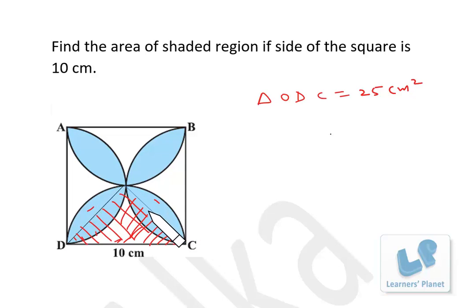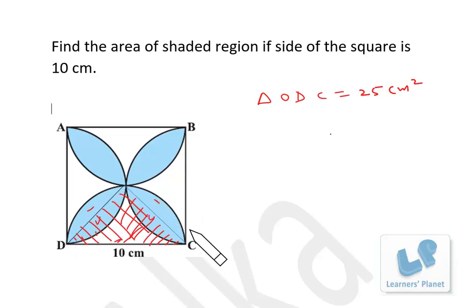Half leaf over here, half leaf over here. So if I get the area of half of the leaf and double that, I will be getting the area of this leafy portion also, right? So it is simpler for me to get the area of the half portion of the leaf and then double it, because calculating half of the leaf area is very easy, right?